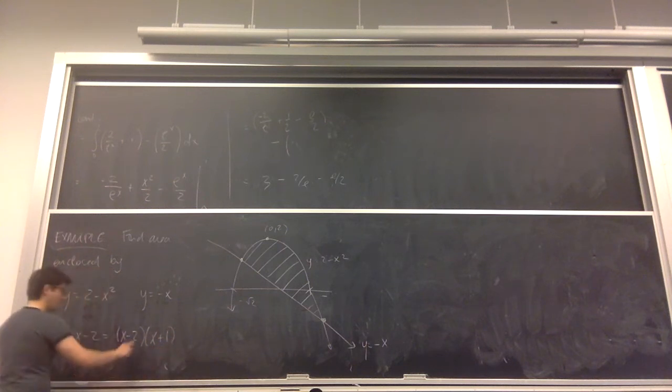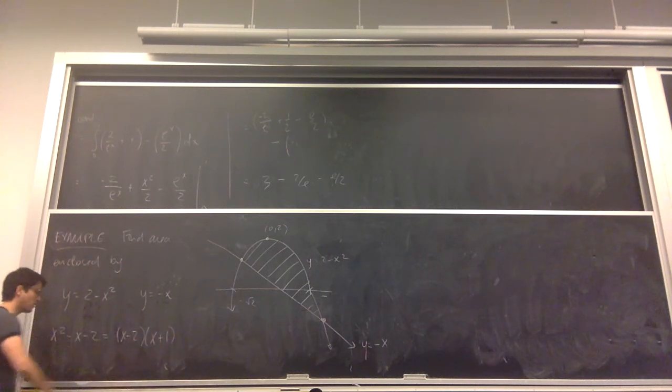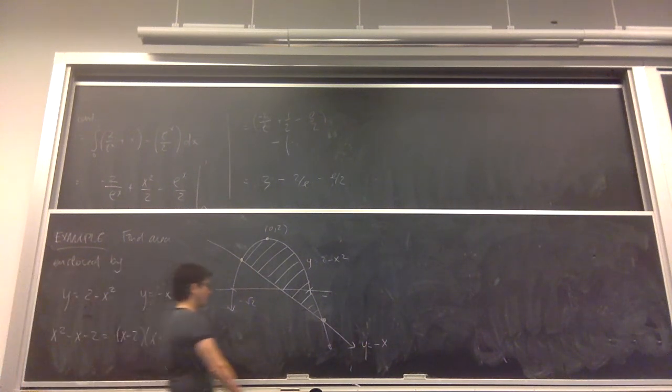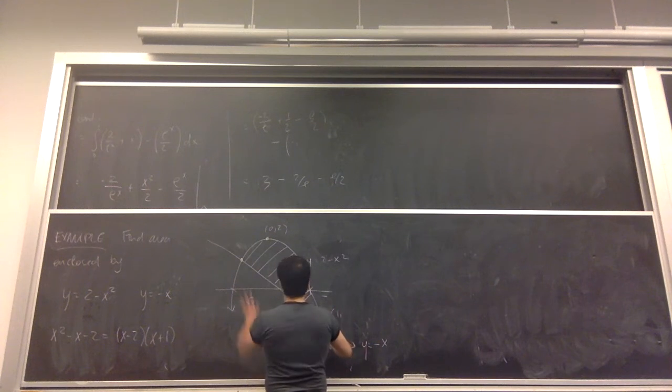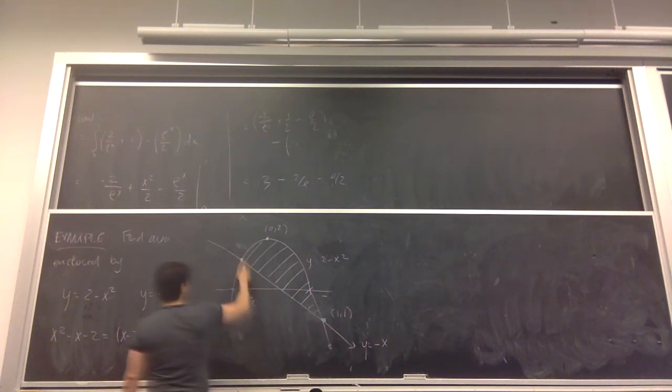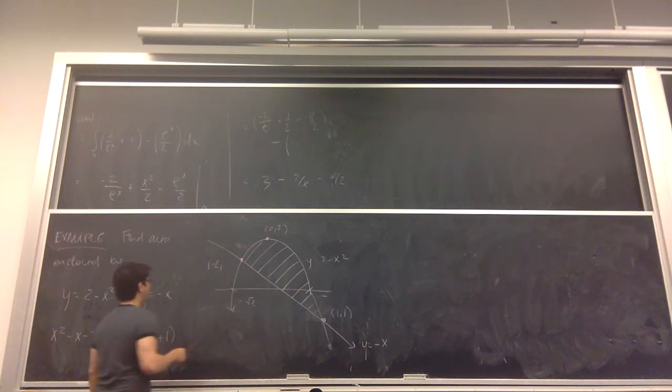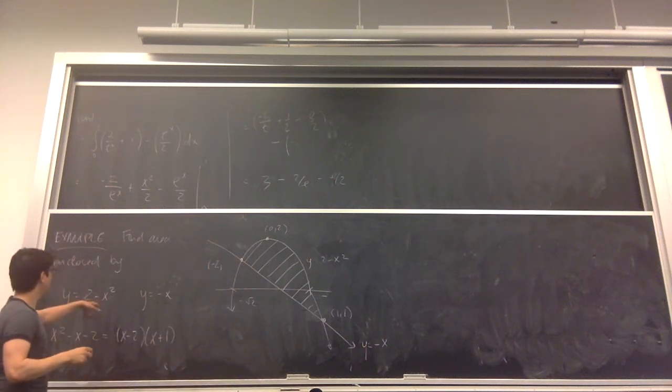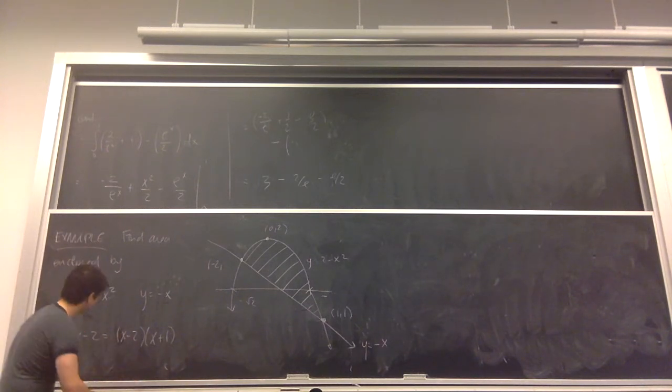Is that correct? x minus 2 times x plus 1. Okay. So what are the points of intersection? So this is going to be 1, and this one's going to be -2. No, it's the other one. Did I do it the wrong way? Oh, yeah, sorry.